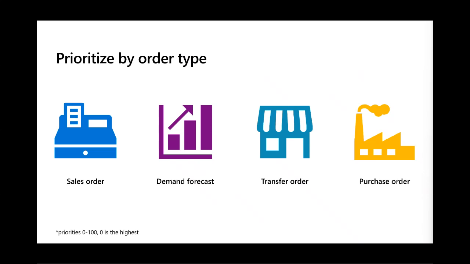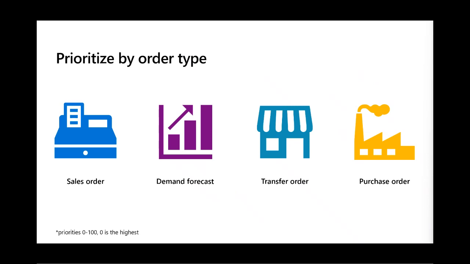The first way that we can begin to prioritize our demand and our supply is by order type. When we're talking about the prioritization of different order lines in D365, the priorities range in value from 0 to 100, with 0 being the highest priority. With priority-based planning, I can assign a default priority for each different type of order that I can have in the system.